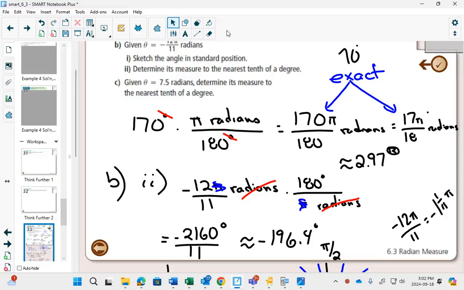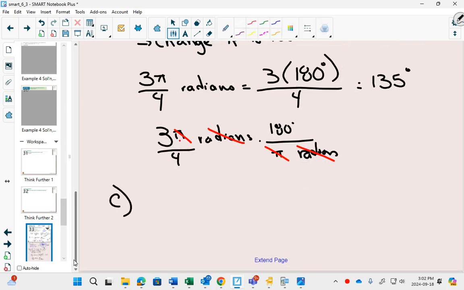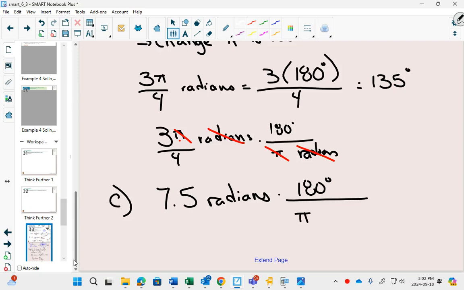Now part C we can't use the shortcut because there's no pi. So it starts off with 7.5 radians. We would have to multiply by 180 degrees over pi radians because we want our unit to be degrees.